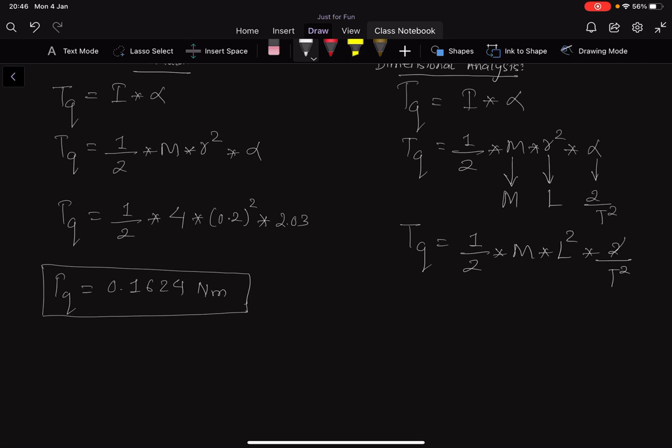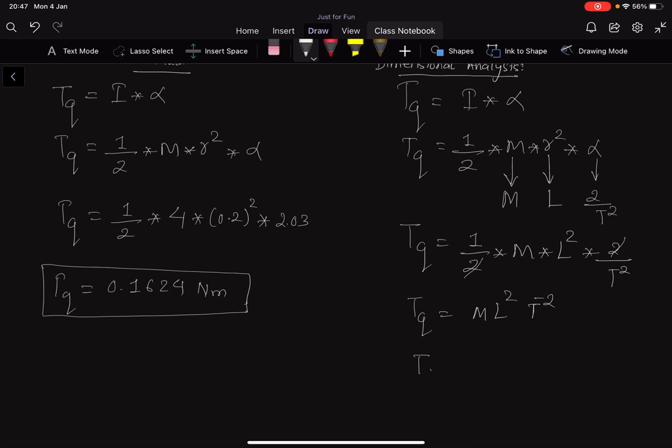So this 2 and this 2 cancel each other out, and we get TQ equals M L squared T to the minus 2, where 1 over t squared goes up and becomes a negative power. Once we have this, we can substitute the values.